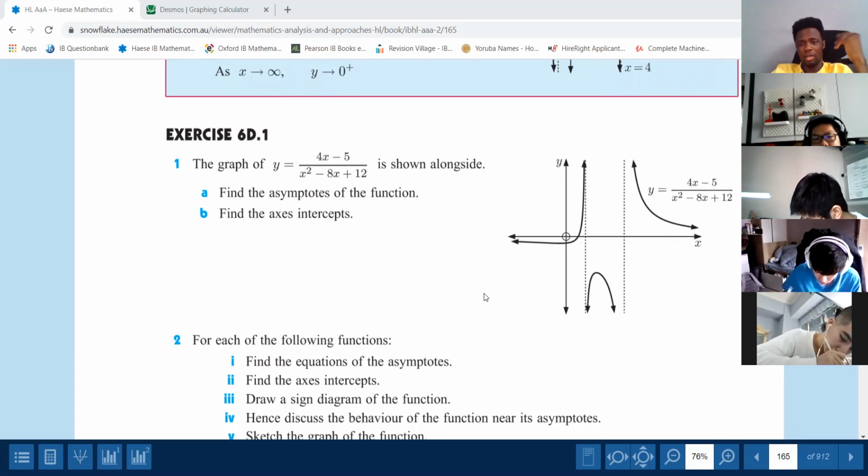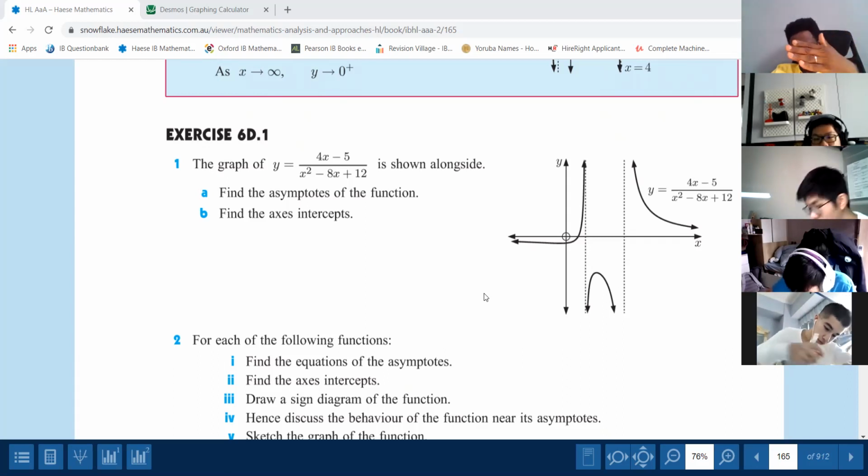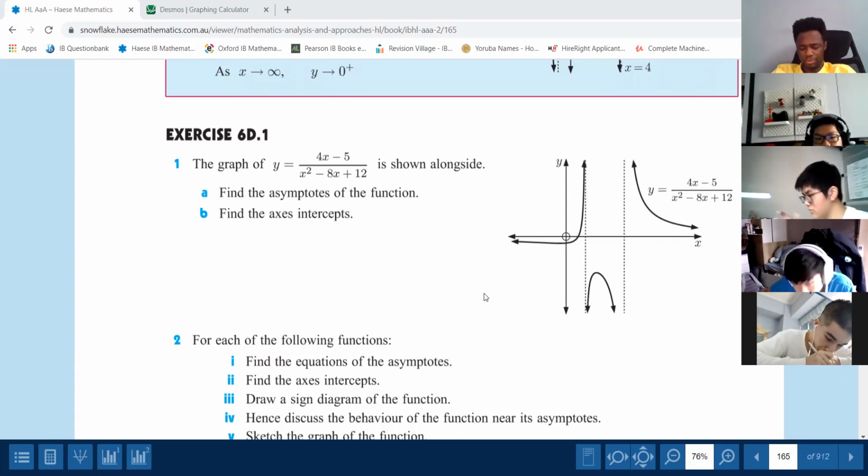Or just say for x-intercept, y is equal to 0, then you can work it out. For y-intercept, x is equal to 0, then you can work it out like that. But the answers are correct. That's the presentation.